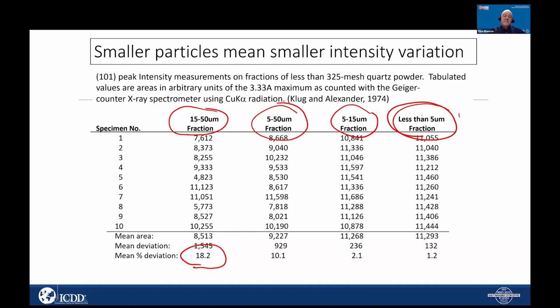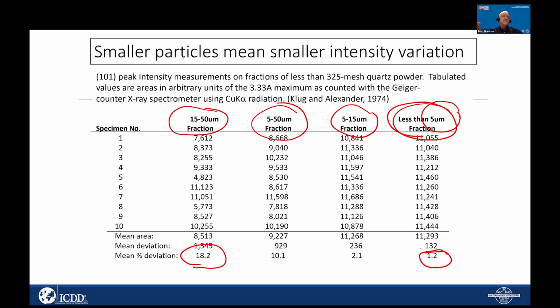When you had 5 micron or smaller particle distribution, your reproducibility, your standard deviation, was 1.2%. So the smaller your particles and the finer your distribution, the better your reproducibility will be in your intensities.